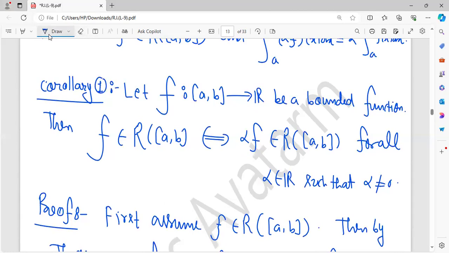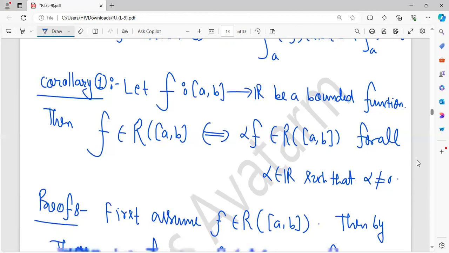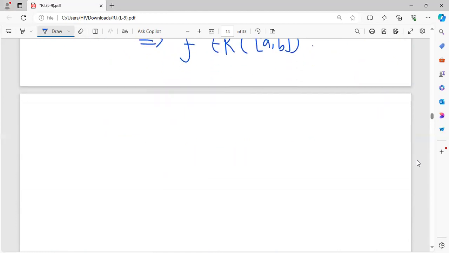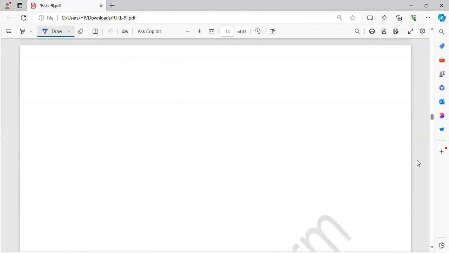So we can write another corollary. Corollary 2.